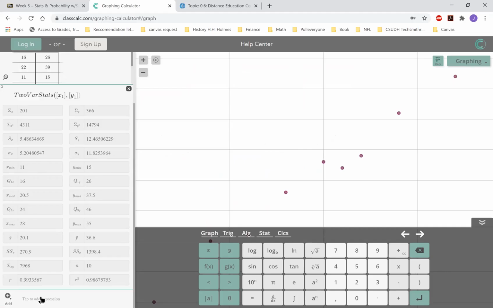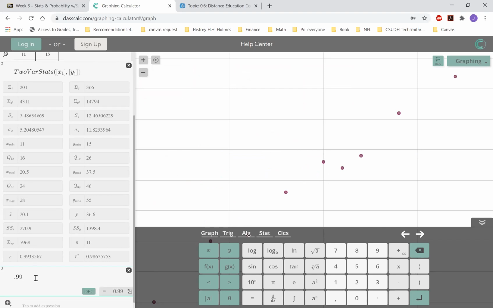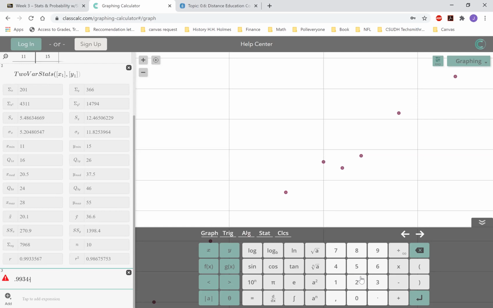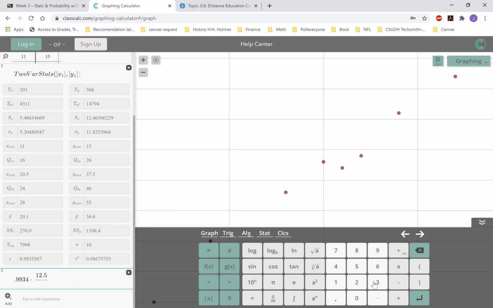So let me go right here. For slope, we'll say 0.9934. Then you want to say multiply, and we're going to multiply this by 12.5. And then we're going to divide it by 5.5.